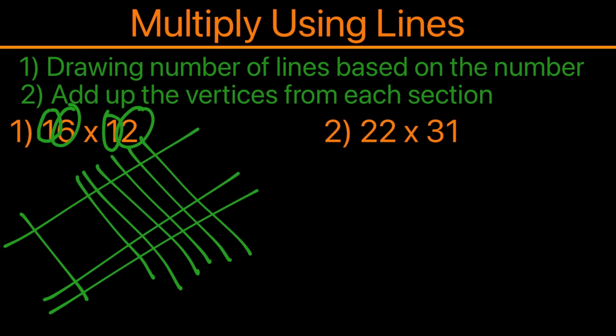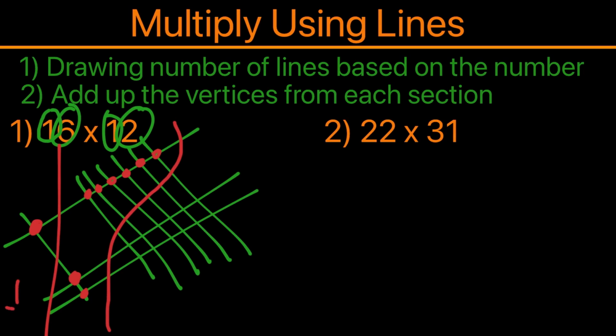Now for the vertices, we're basically taking the points where they connect. The first section is 1. We have 1 here, so this will be one section. And then the second section would be 1, 2, 3, 4, 5, 6, so this is the second section.